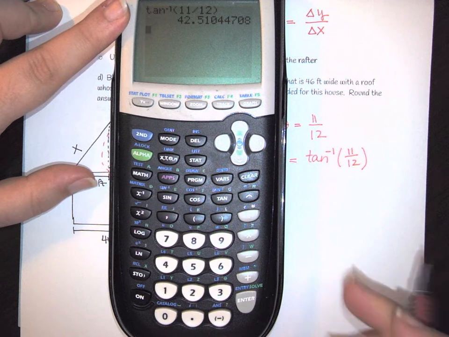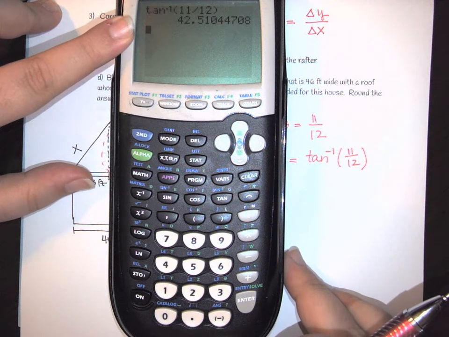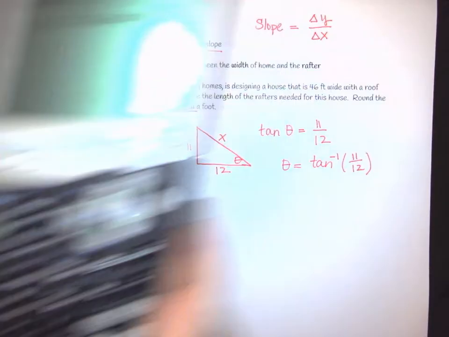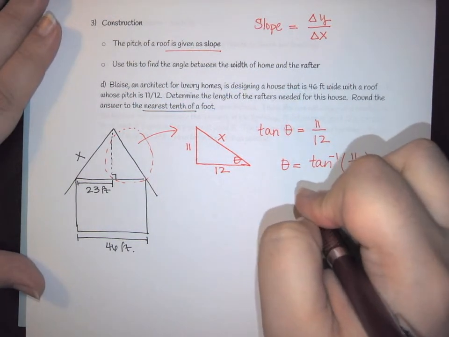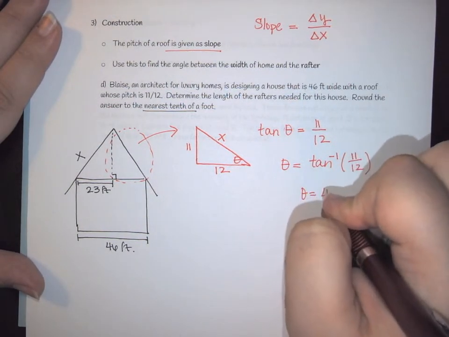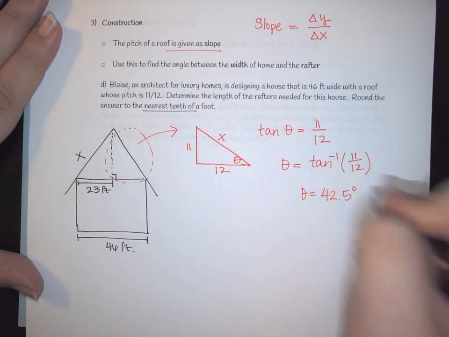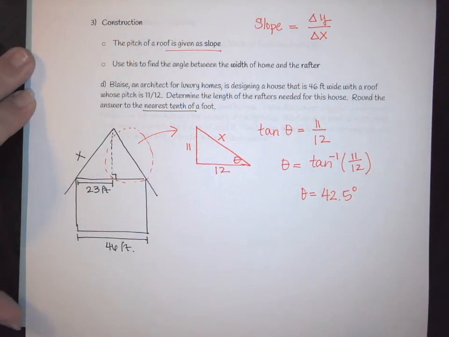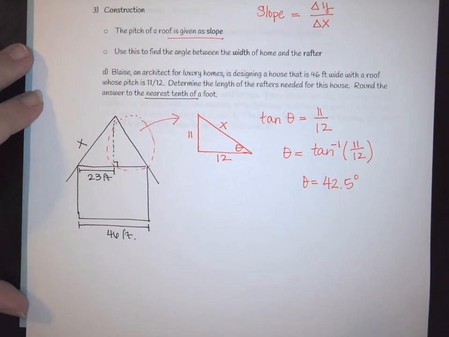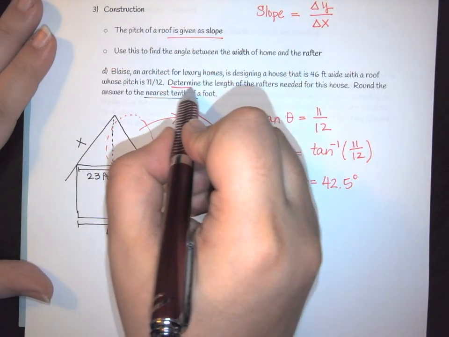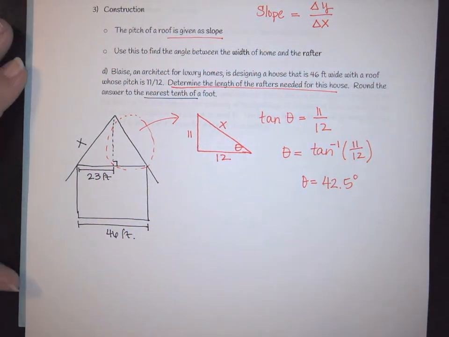So here we're told that our angle is going to be 42.5. So here we find that the angle of our roof has to be 42.5 degrees. Now that's not actually the answer, because we want to know the length of the rafters. So we're trying to determine your rafters. All we've determined is the angle.